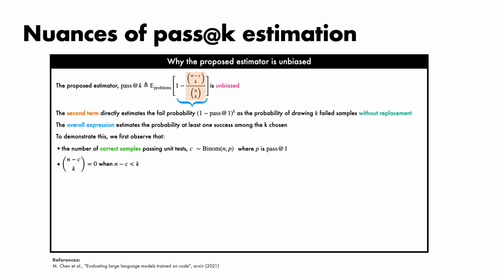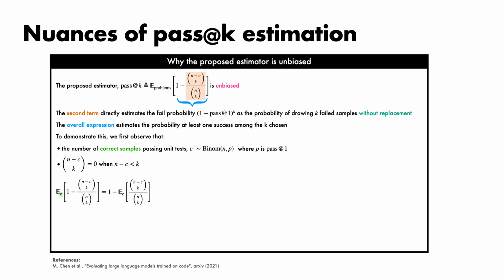From a combinatorics perspective, there are 0 ways to choose more items from a set than there are available in that set. Then, rewriting our overall expression with the expectation taken over the number of correct samples, c, our first step is to move the 1 outside the expectation.